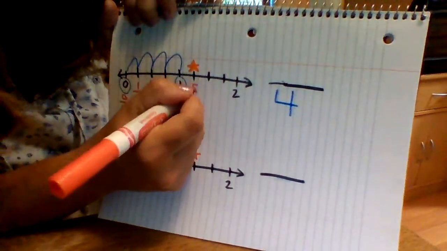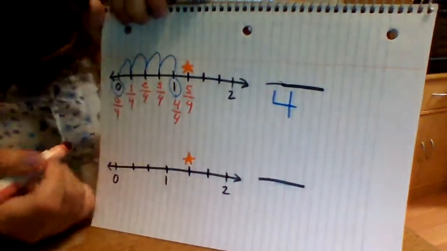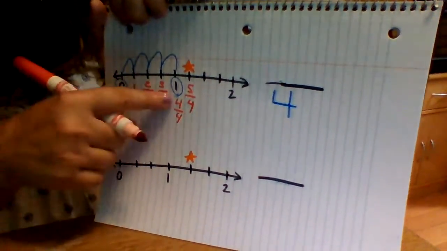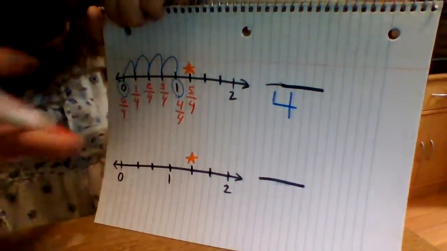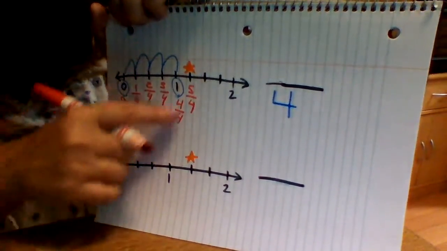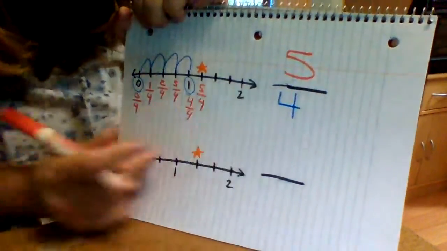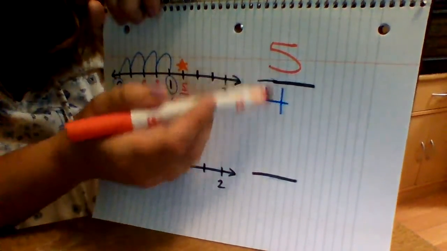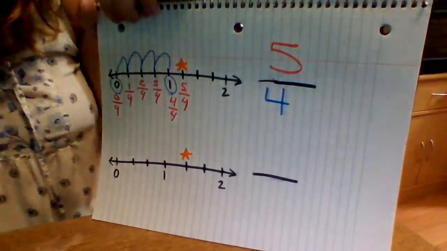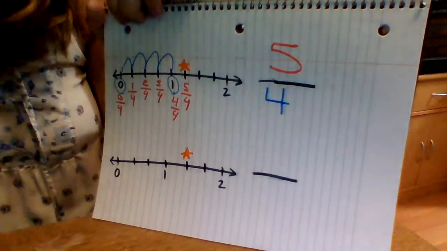Okay. And 5 fourths. Right? So if I had something else under here, let's say my 3 fourths was underneath my 1, I would know something went wrong with my fractions. Now, underneath the star is the fraction 5 fourths, so I know that my numerator is going to be 5. And again, check it out. Numerator is greater than the denominator. That's normal for fractions greater than 1 whole.